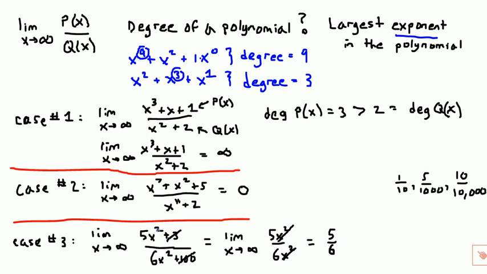So because the degree of the top and the bottom were the same, all we have to do really is look at the numbers that are in front of the terms with the highest degree. Those numbers are 5 on the top and 6 on the bottom. That's what the answer ends up being.